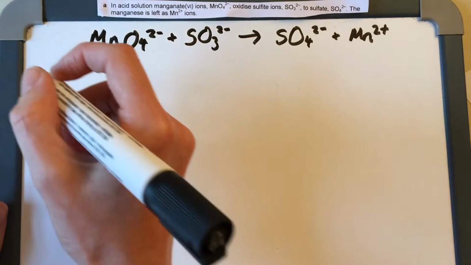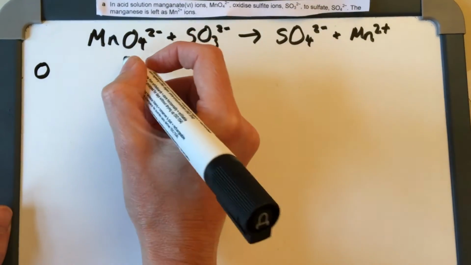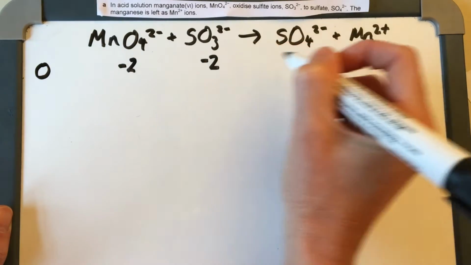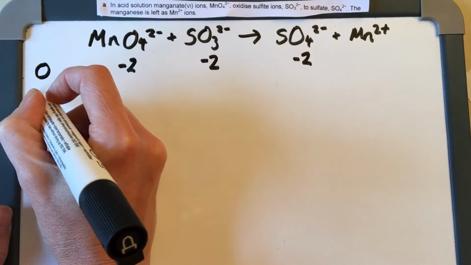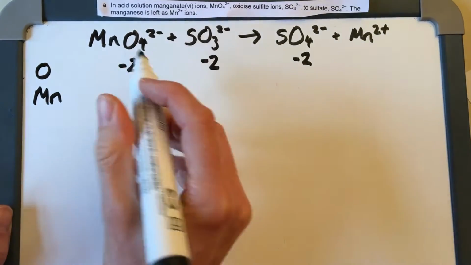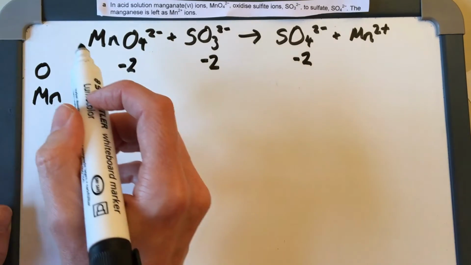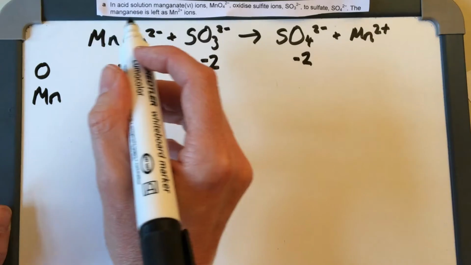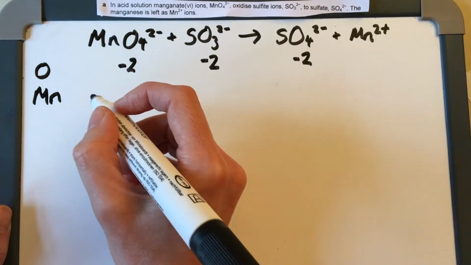So first of all, we've got oxygen. Oxygen is almost always -2, and this isn't an exception. So all the oxygens here are -2. And then have a look at the manganese. So here we've got manganate ion, so MnO4 2-. So overall, the charge on the ion is 2-, so overall oxidation state is 2-.